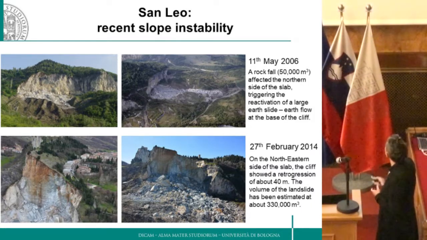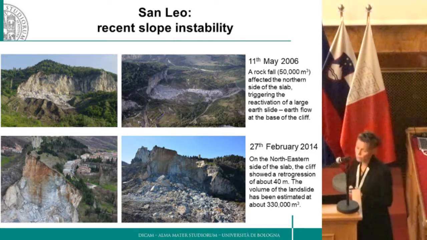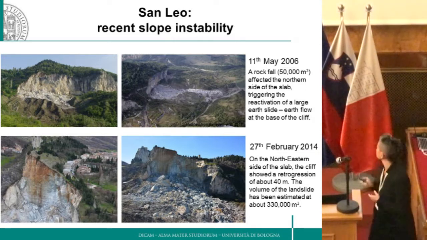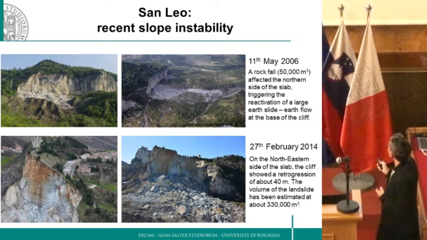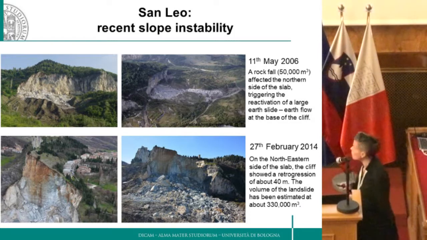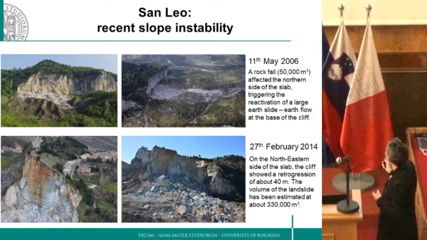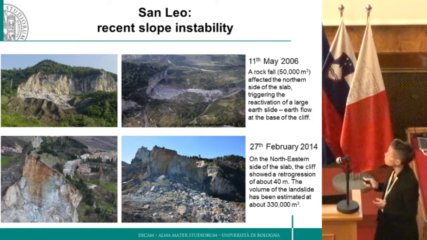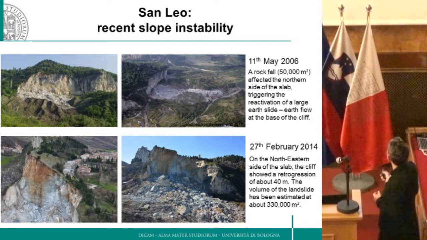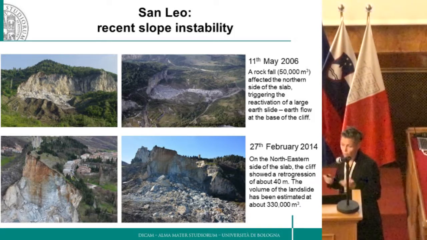The first was in 2006, and it affected the northern slope with a detachment of more or less 50,000 cubic meters of rock and the activation of an earth slide at the bottom.